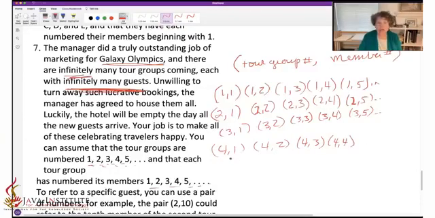So now, who's going to go in room number 1? Let's put this person in room number 1. Then we can't just keep going down this line because we'd never get to tour group number 2. We can't go down this column because we'd never get to the second person in each of these groups.